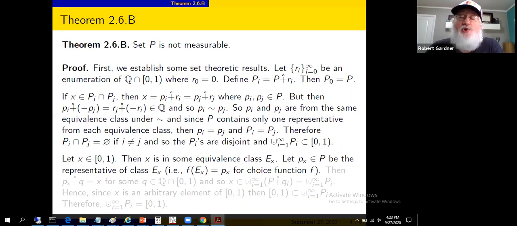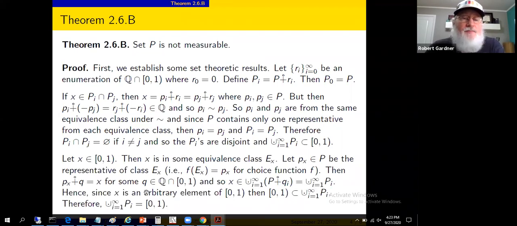P sub x is the choice from this set that has been put into set P, capital P. All right. Well, now we've got x and p sub x from the same equivalence class. So we know p sub x, this representative, circle plus some rational number equals x.